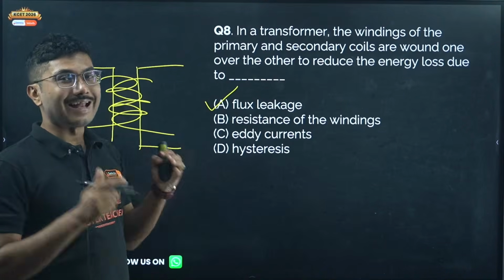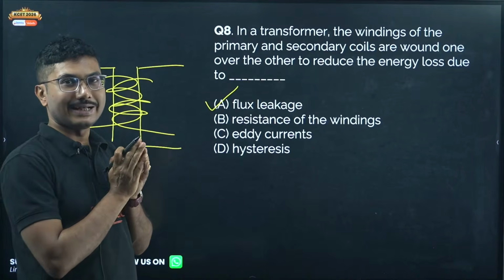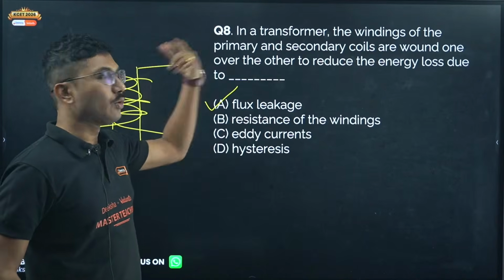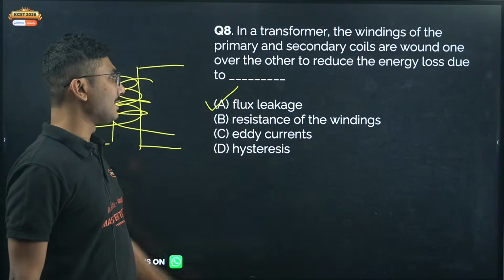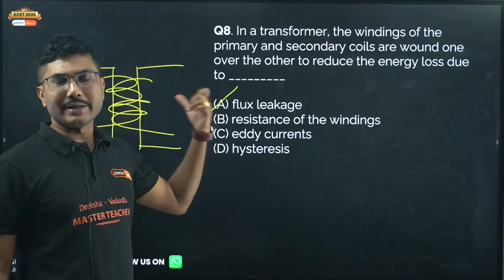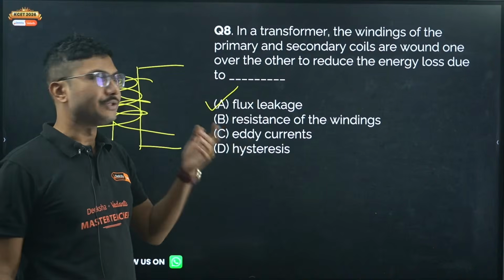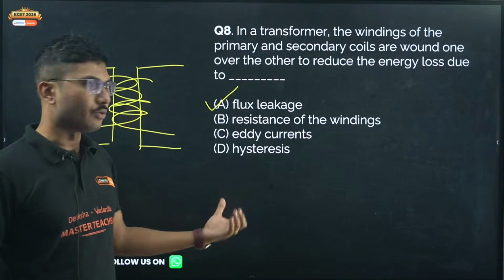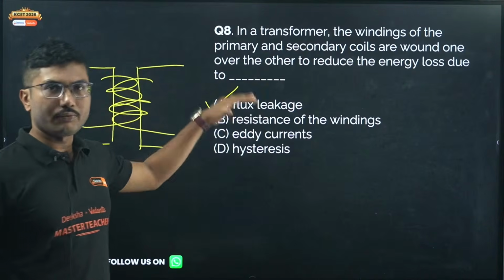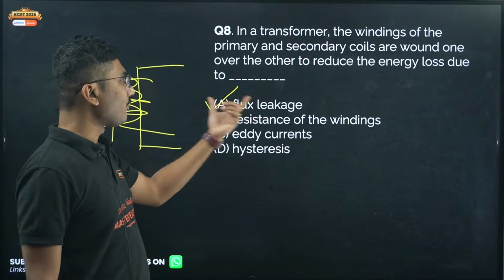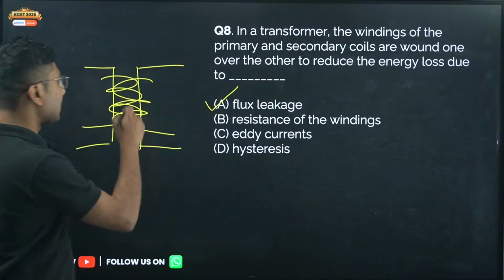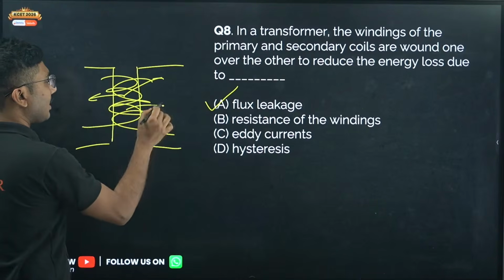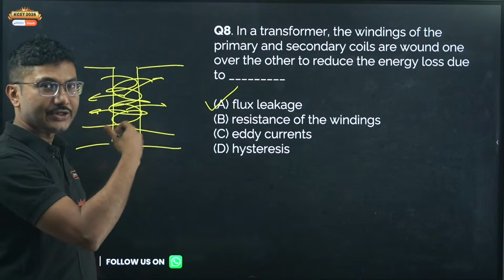Eddy current is handled by a laminated core. Winding one over another is for flux leakage, so that the flux coming out of both of them is linked with each other.